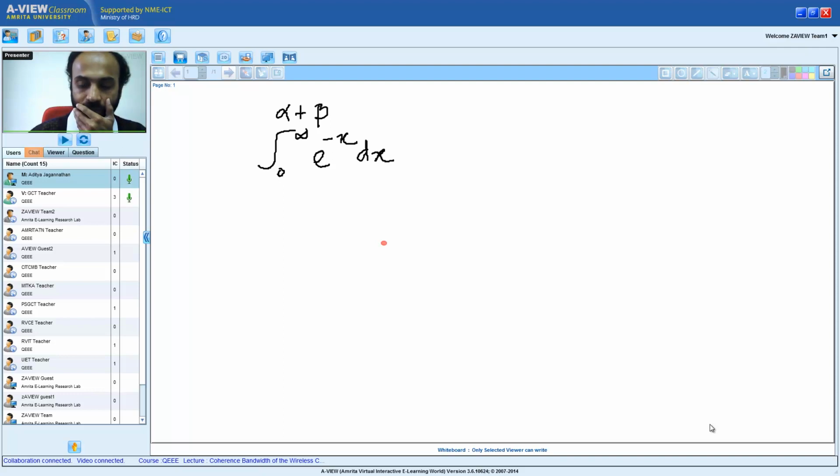What we have done so far is we have been trying to look at the bit error rate of a wireless communication system, and we did that last time.